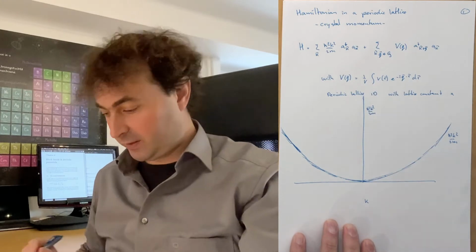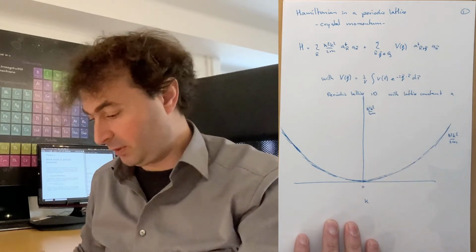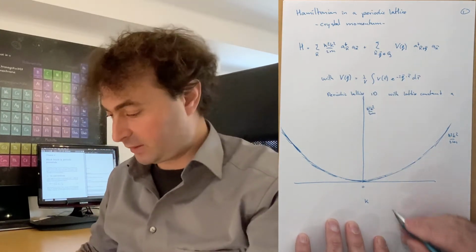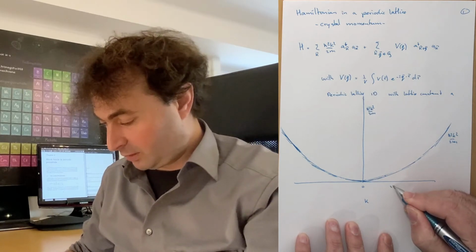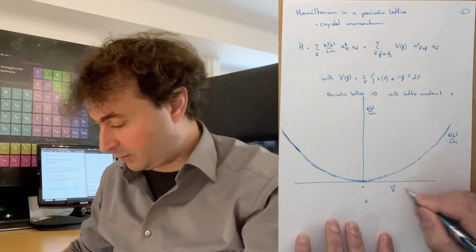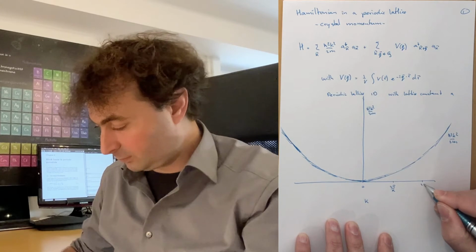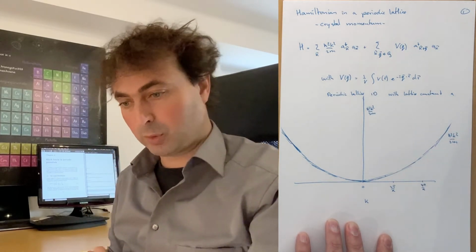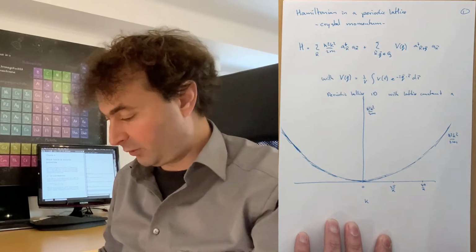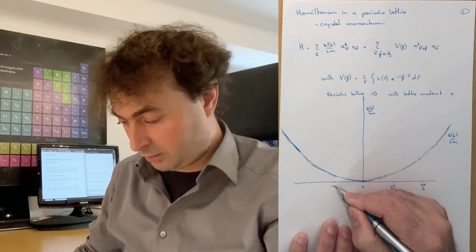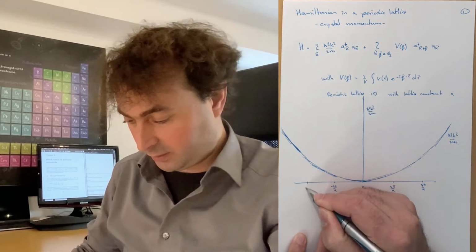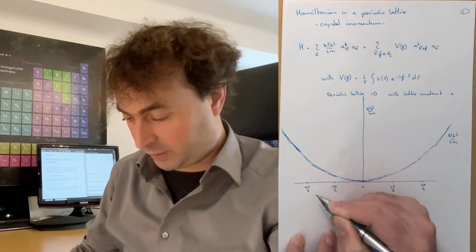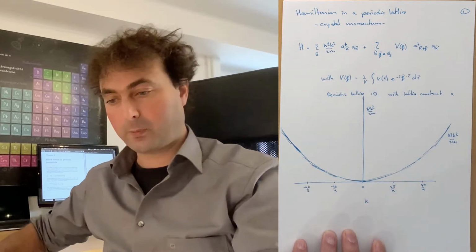We find that we can define our reciprocal lattice at a distance 2π over a, such that we have reciprocal lattice points at 2π over a, 4π over a, minus 2π over a, minus 4π over a, etc.